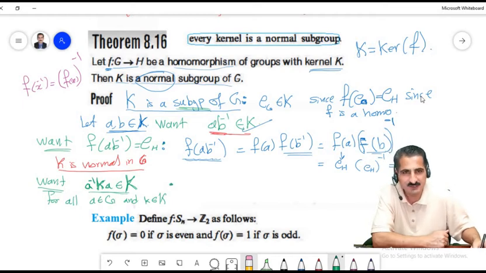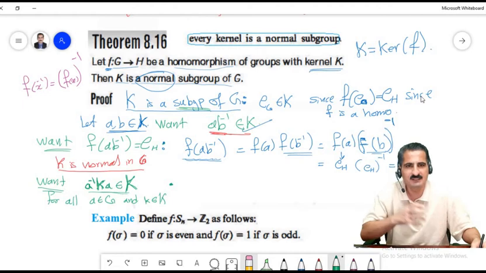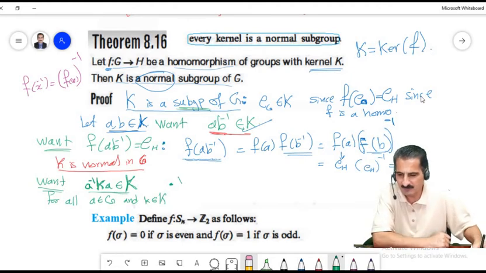K is the kernel. So to show something is in K, we need to show that the image of that something is the identity. So let us write again what we want to show: f of a inverse times small k times a equals the identity of H. Is that easy? And the answer is yes.